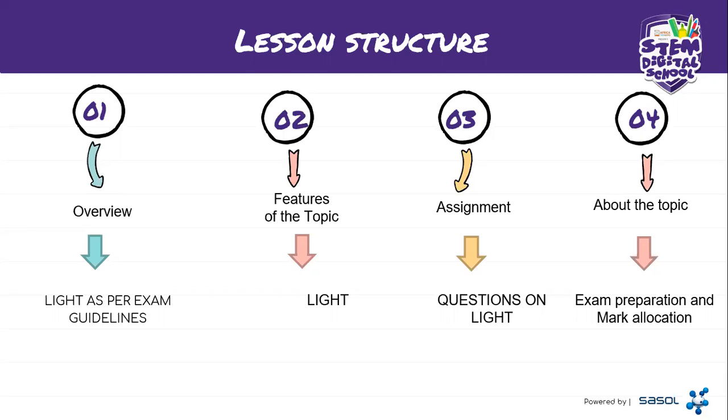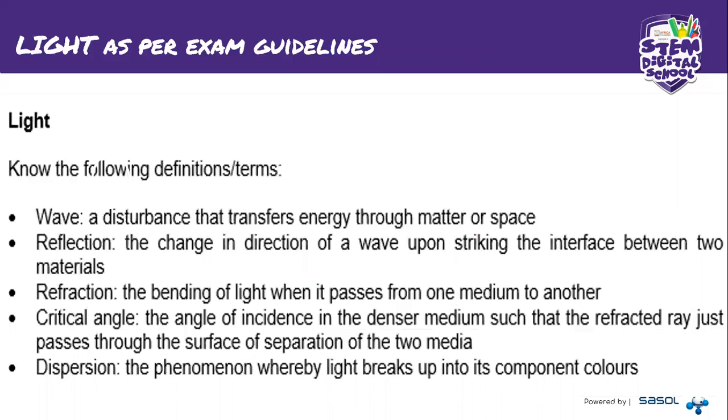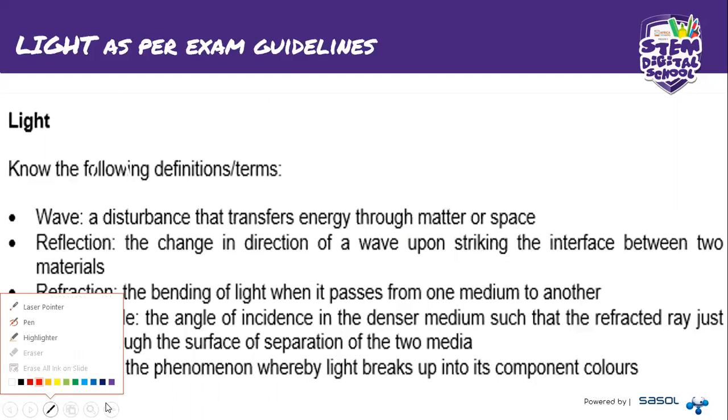So, without wasting any time, let us go to number 1 to look at what we are required to know as per the examination guidelines. Now, these are the definitions that are listed and they are defined, and we are required to know these particular definitions.